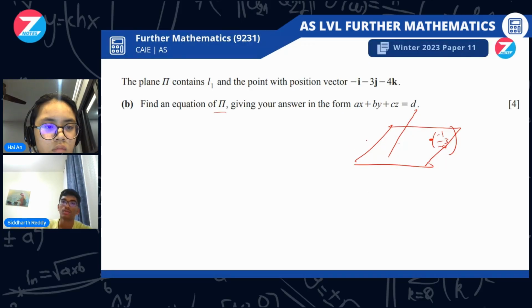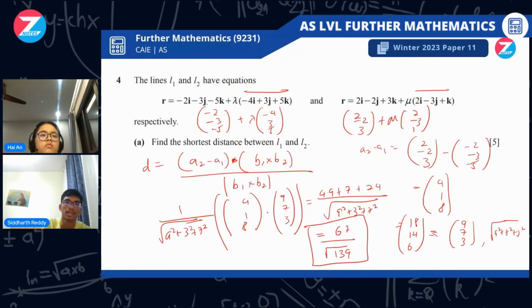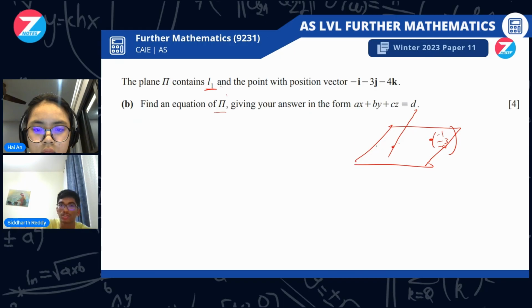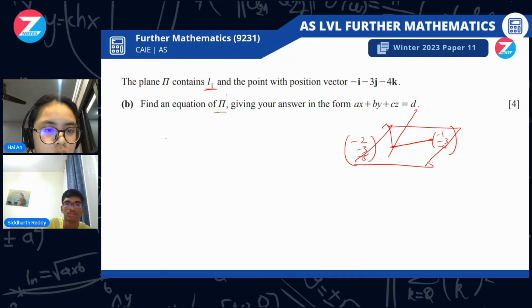So since it contains L1, it also contains the point of L1, which is minus 2, minus 3, and minus 5. So there's another point, minus 2, minus 3, and minus 5 here. So we can form another line using this, right? And using these two, we can find the normal vector. So let's first form this line, the other line. It's minus 2, minus 3, minus 5 minus minus 1, minus 3, minus 4.